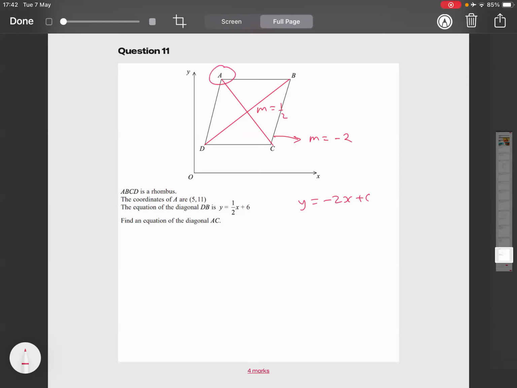And we know that A is 5, 11. So 11 equals -2 times 5 plus c. 11 equals -10 plus c. c equals 21. Oh, silly mistake. And then writing the answer properly, y equals -2x plus 21.